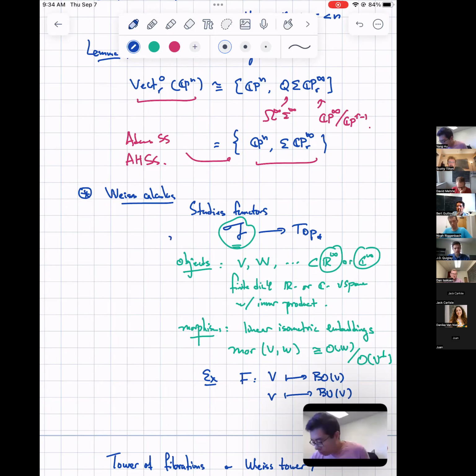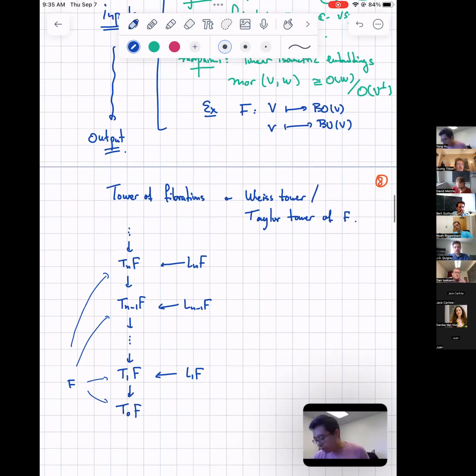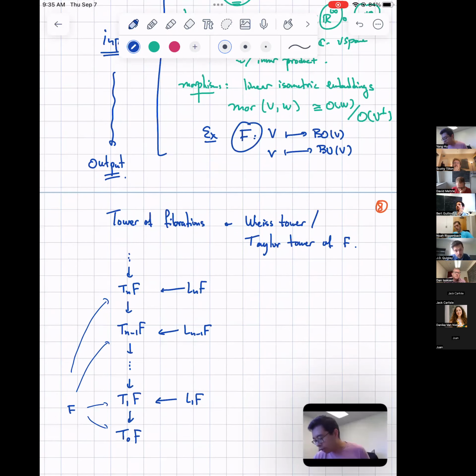So those are inputs for this machinery, and the output is a tower of fibrations associated to each such functor F. And this tower is what we call the Weiss tower, or sometimes the Taylor tower of the functor F. And we're going to explain why this deserves to be called a Taylor tower in a second.